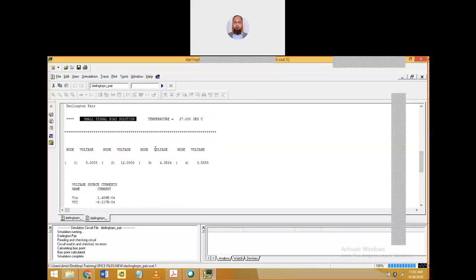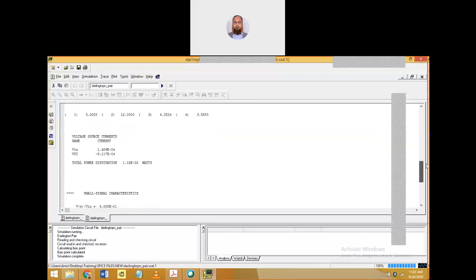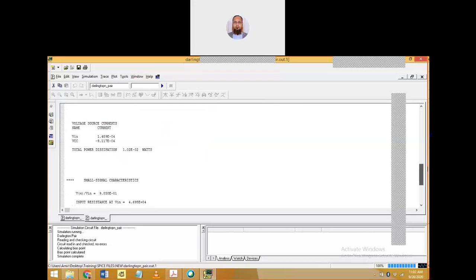As I told you, there will be a small disturbance, a small perturbation in the circuit, and according to that it calculates the input and output resistances and the gain. So V in is, okay, these are the minor differences.